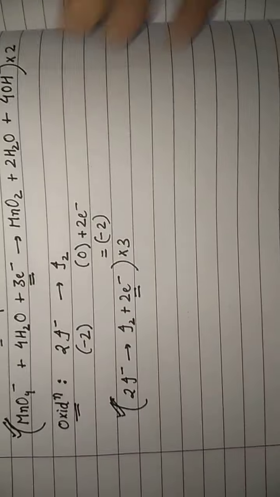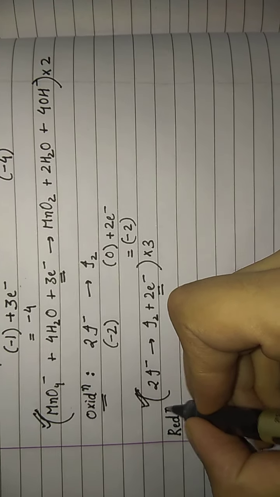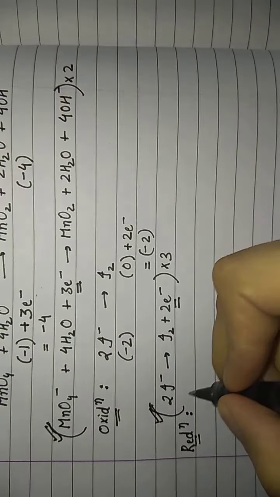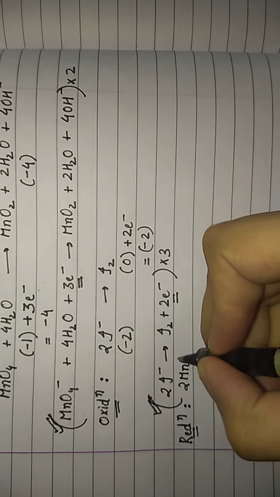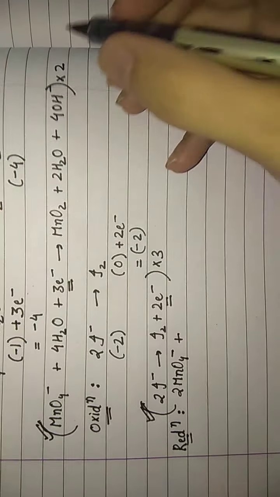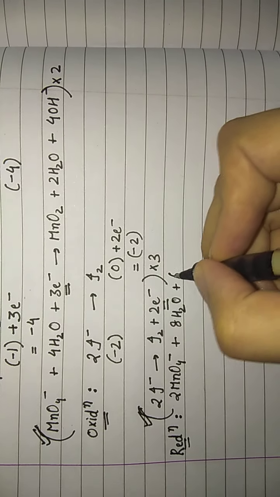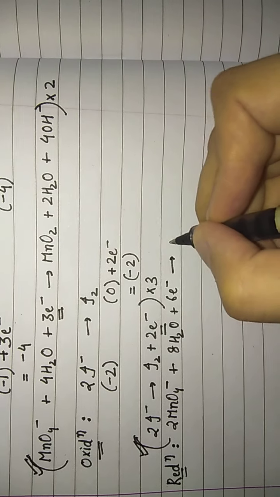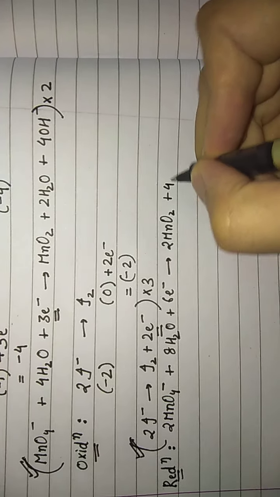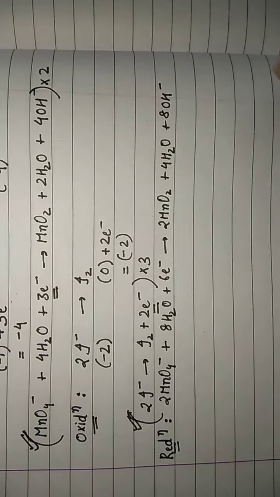So quickly multiplying, the reduction half becomes, multiplying by 2, 2 MnO4 minus plus 2 into 4, 8 H2O plus 6 electrons will give 2 MnO2 plus 4 H2O plus 8 OH minus ions.